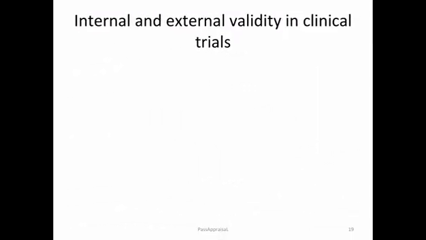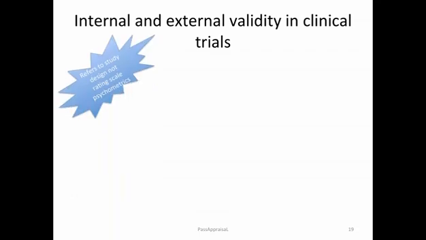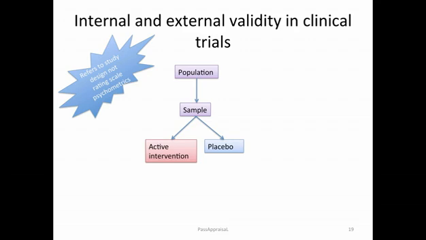So far, we've been looking at the concept of validity and reliability in terms of psychometrics when a rating scale is being evaluated. The term validity is also applied to clinical trials in somewhat different context. Assume a clinical trial where a sample is obtained from a population and differences in the effect of an intervention is studied.